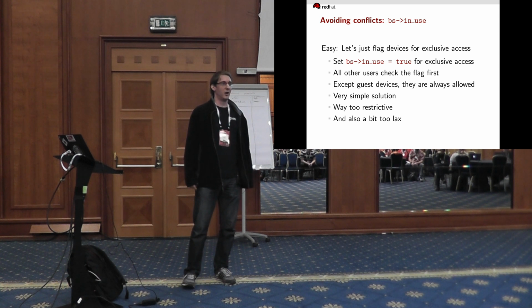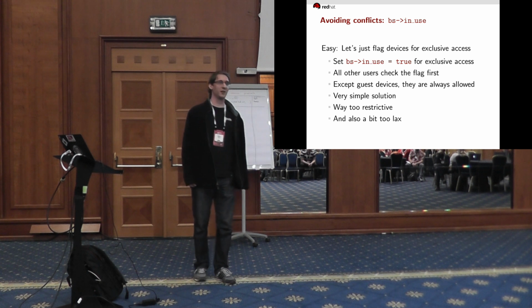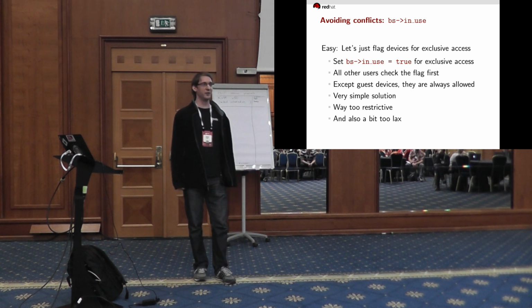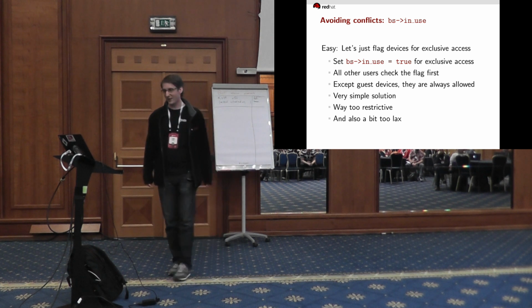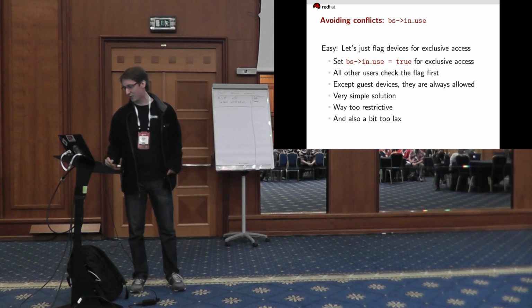So we're too restrictive. And at the same time, some things were not protected with the in-use flag, like guest devices, because if you can't use an operation while the same image is used as a guest device, that makes the operation completely useless. So at the same time, while it's too strict, it's also not strict enough. So it wasn't the optimal solution.